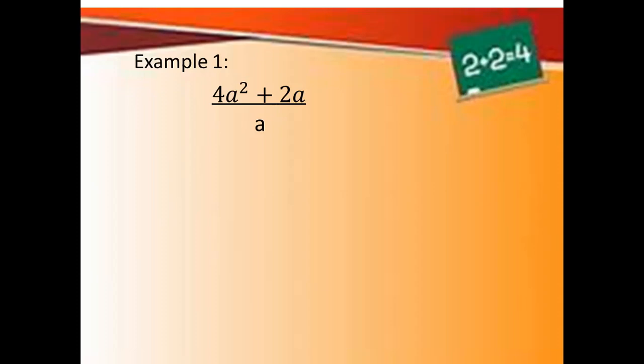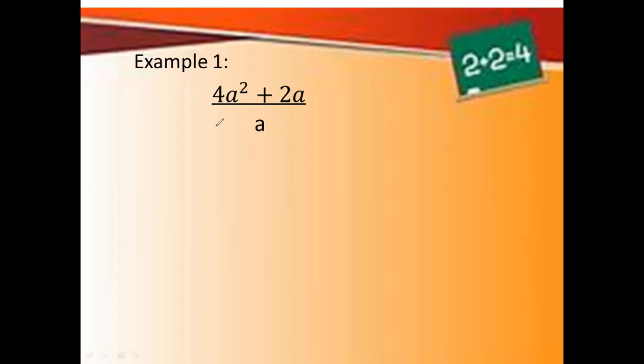So that means we subtract the exponents of the same variable. So in here, you have 4a squared plus 2a divided by a.